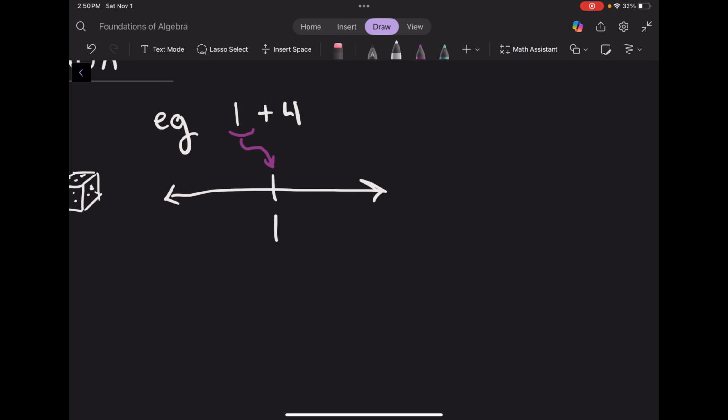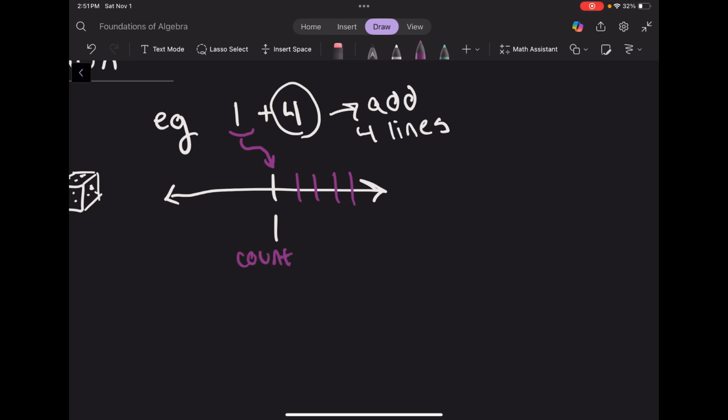We're just going to put that down. And then what happens is we add that amount of lines. So let's do 1, 2, 3, 4. And then what we do is we count.